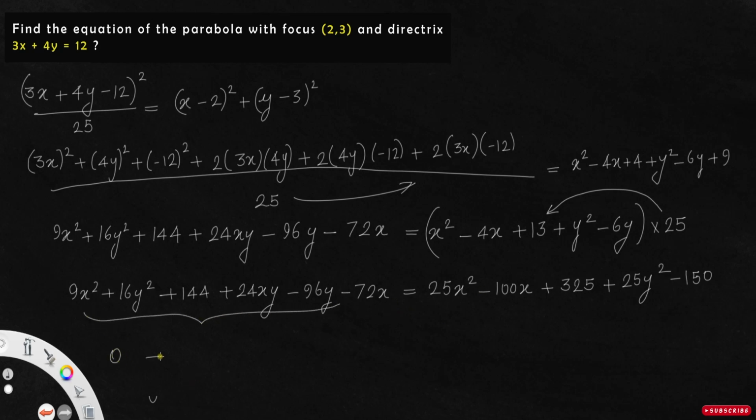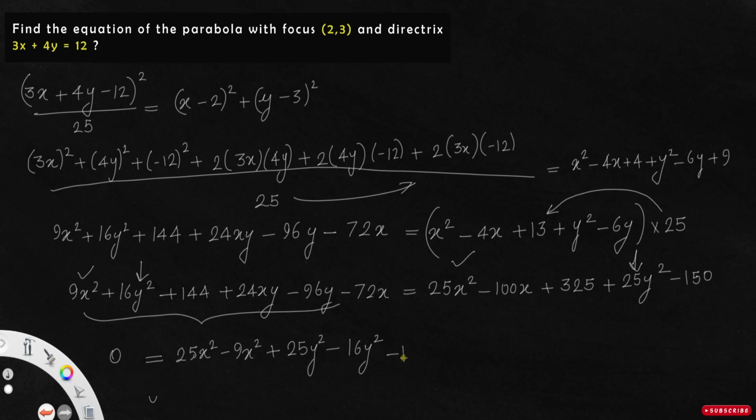So 0 is equal to 25x square minus 9x square. Then 25y square minus 16y square.